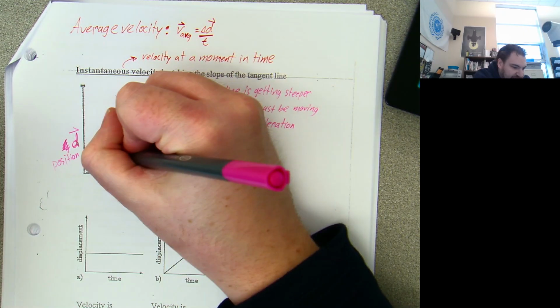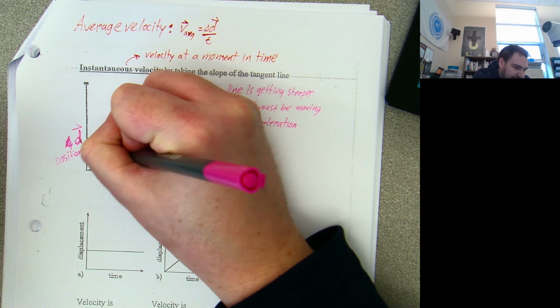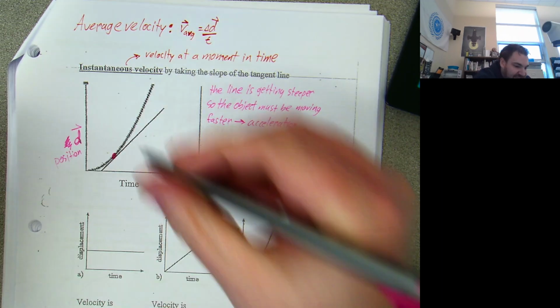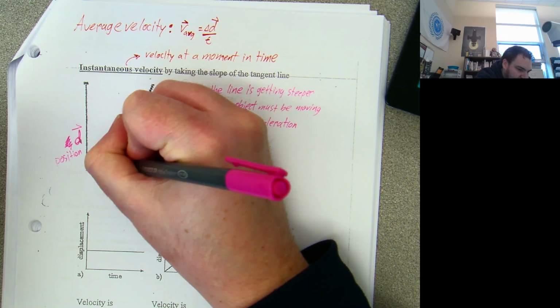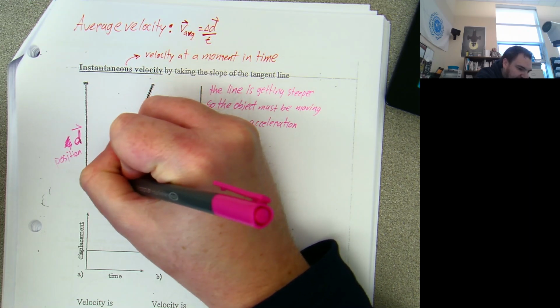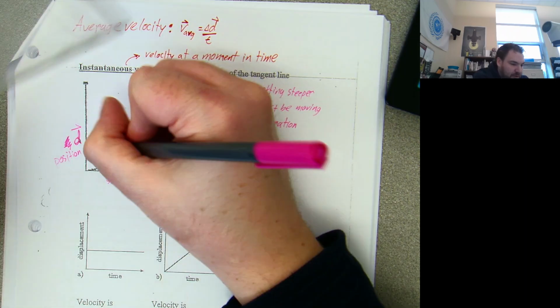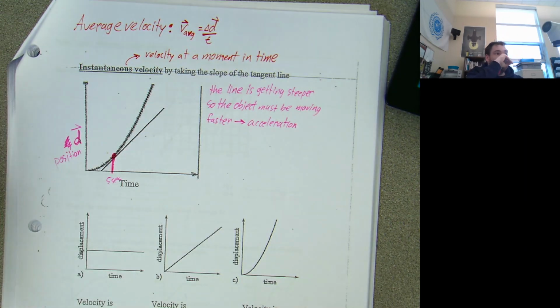If we look at this thing right here, let's say I want to figure out how fast I'm going at this time. I don't know what this time is. Let's say it's 5 seconds. And this whole line is curved. Because the whole line is curved, the velocity isn't constant, the thing is accelerating, but I want to figure out how fast I'm going at a moment in time.